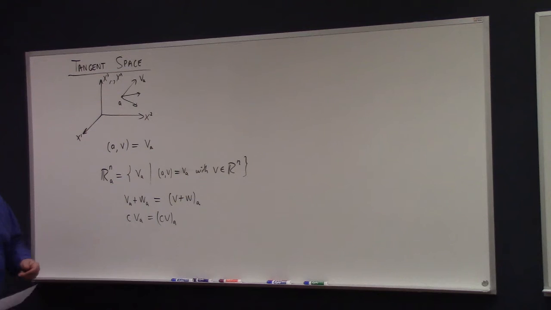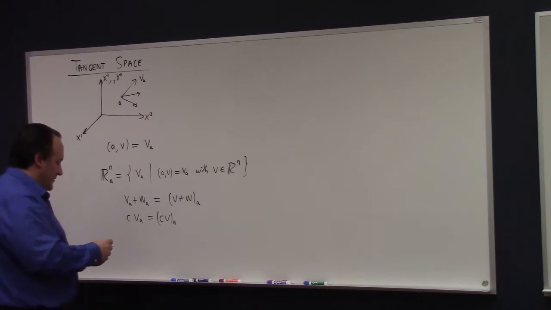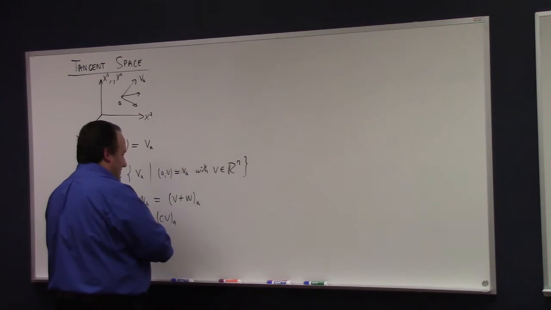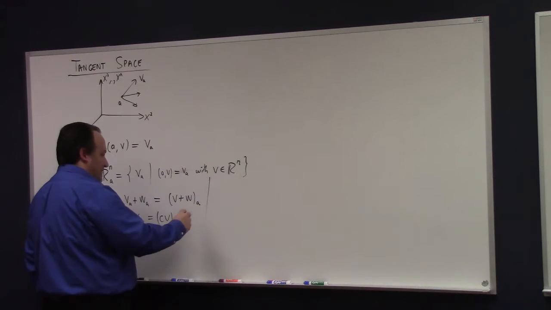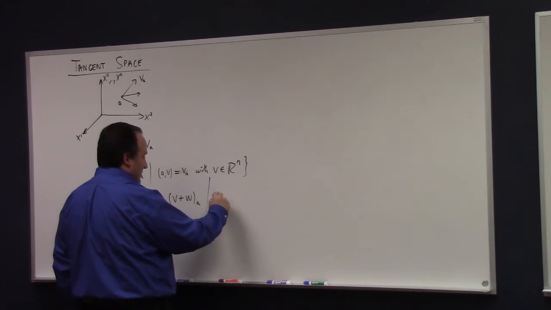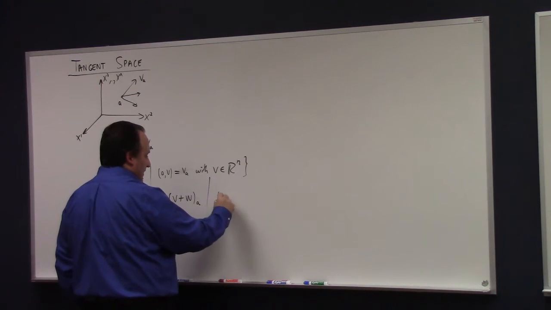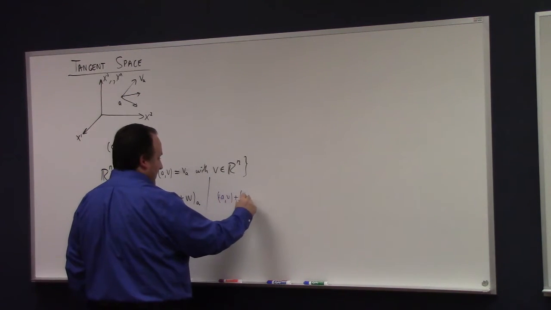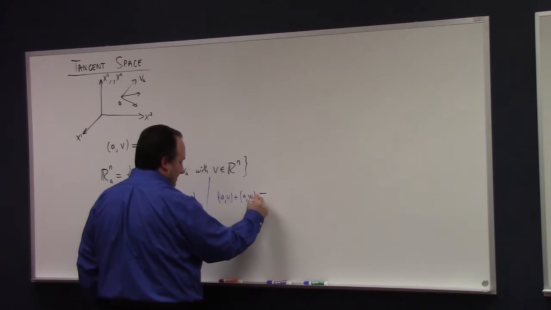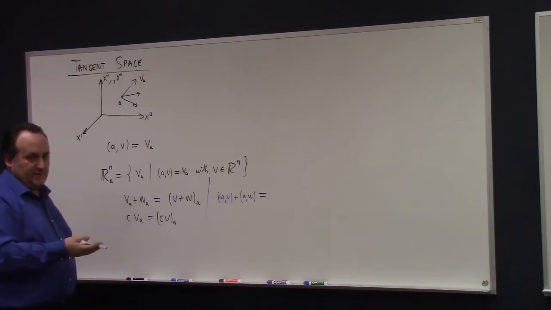If we're going to get into this, here's what we're really doing: A comma V plus A comma W. How do you add those in this world?